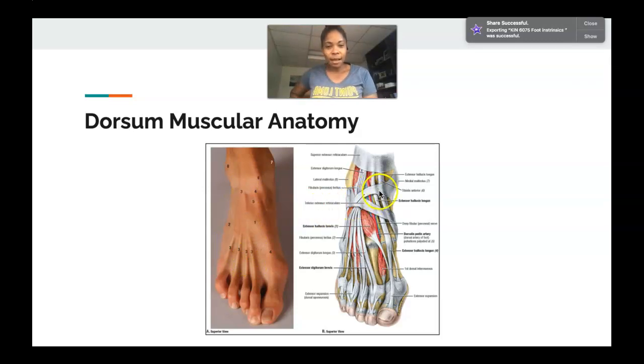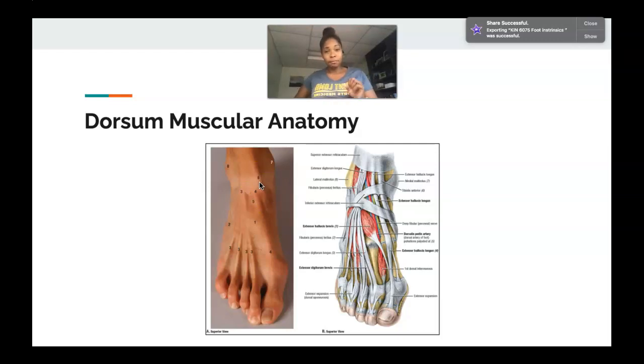You can see it being held in place by this extensor retinaculum, right? This extensor retinaculum is going to be hugely important for holding the tendons of the extensor digitorum longus intact within the actual foot itself. Now, this big tendinous structure here is known as the tibialis anterior.